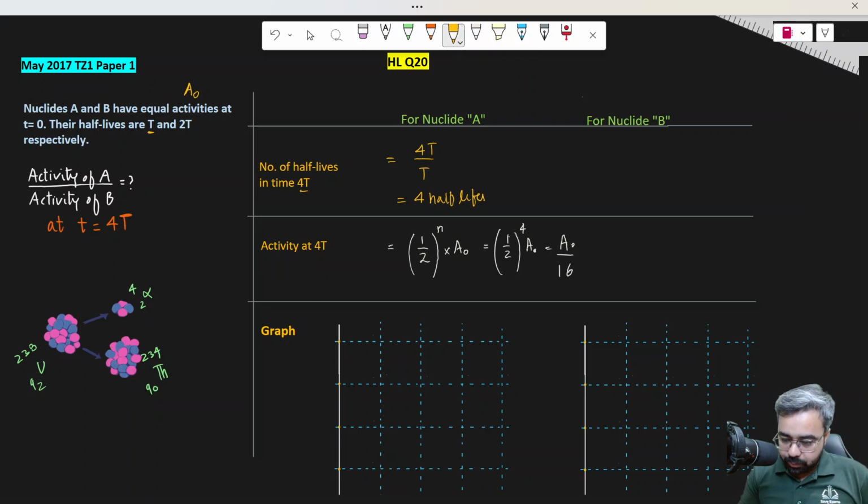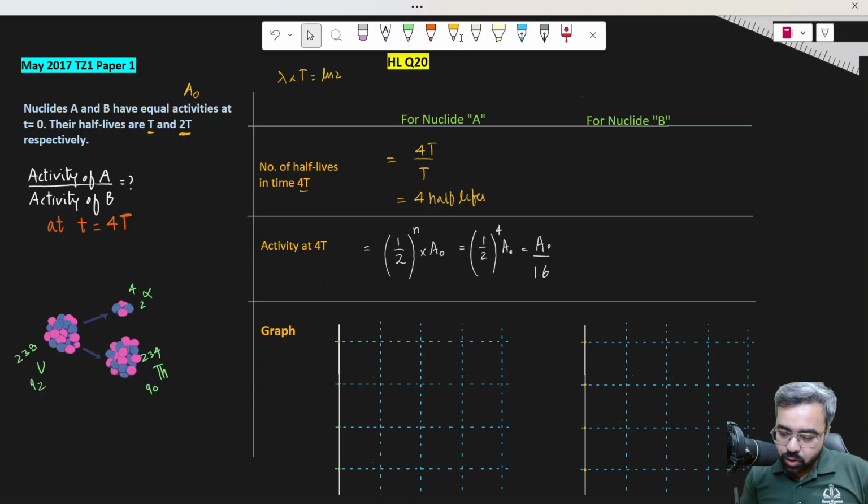Now we will apply the same for B. Since nuclide B has a half-life two times longer, it is decaying slowly. Its time period is longer because its decay constant is smaller, if you remember this equation. For nuclide B, the time is 4T, divided by its half-life 2T, so there are just two half-lives.